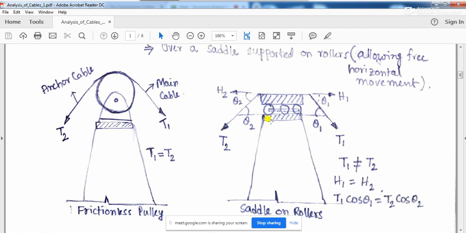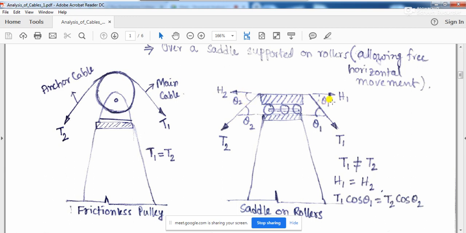or may not be equal to T2, because this angle theta, which you can say is theta 1, that the main cable makes with the horizontal, may not be exactly equal to the angle theta 2 that the anchor cable makes with the horizontal.